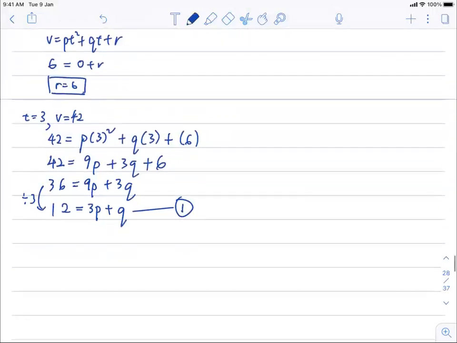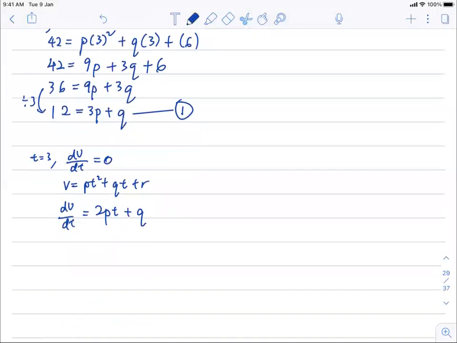So we have to find two unknowns, so we need another equation. We can use this: when t equal to 3, dv/dt equal to 0. So first find dv/dt. v is equal to pt squared plus qt plus r, so dv/dt is equal to 2pt plus q.